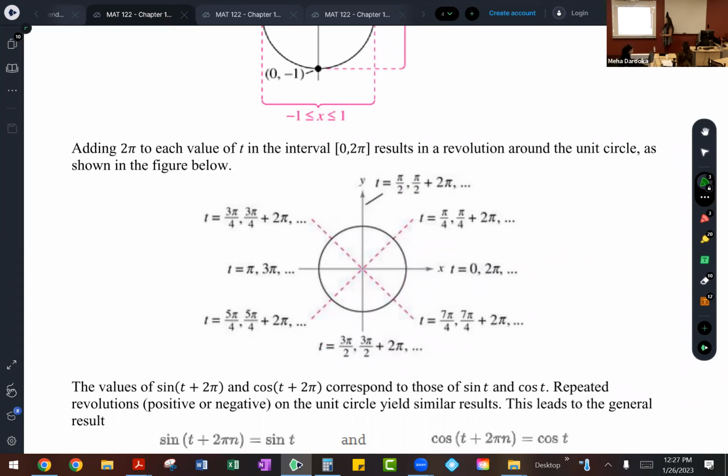The other thing we talk about when we're talking about trigonometric functions is their period. I believe the sine function starts at the origin. So the idea is within a period, you should reach a maximum value, you should reach a minimum value, and come back to where you started.